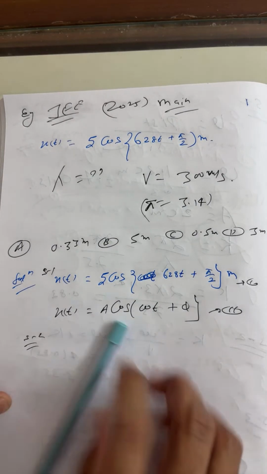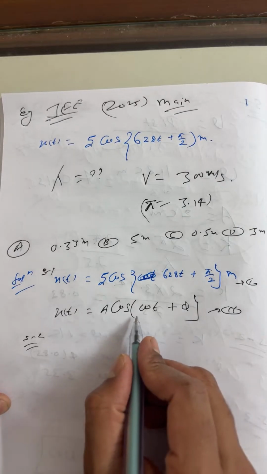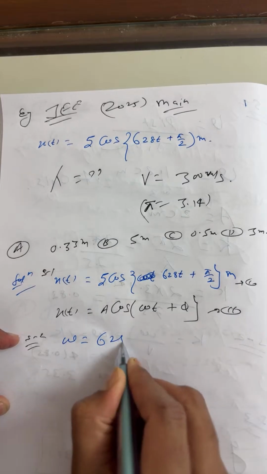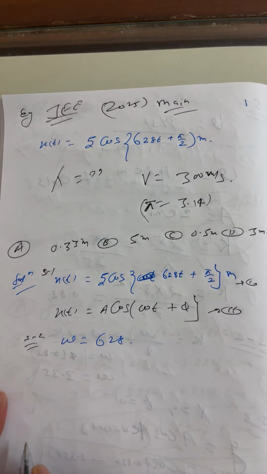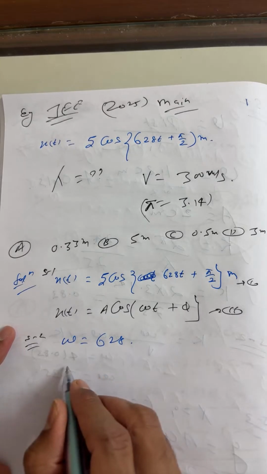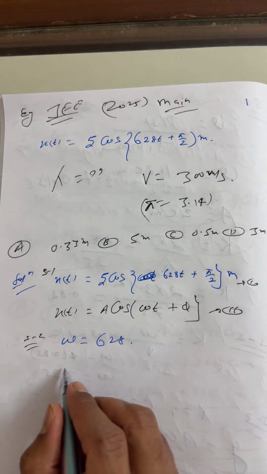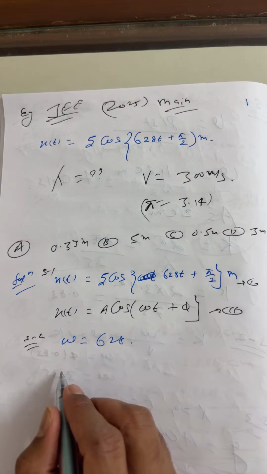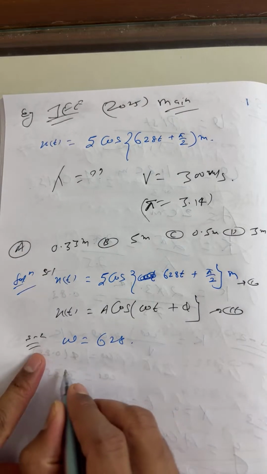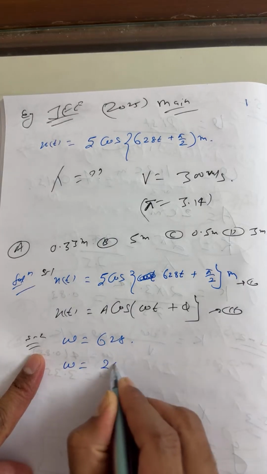So you can write omega is equal to 628. I hope all of you remember. What is the frequency? I hope you remember omega is equal to 2 pi f.